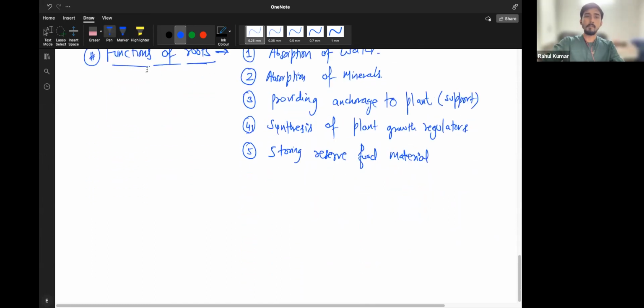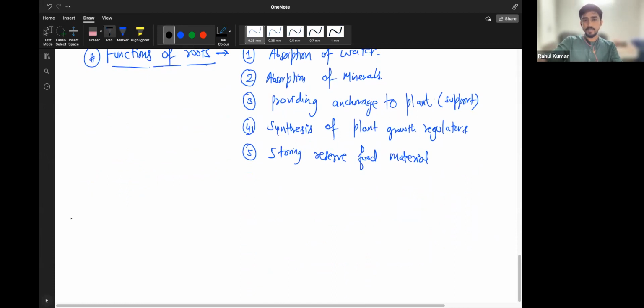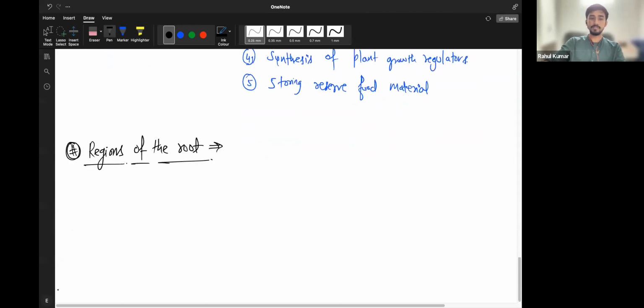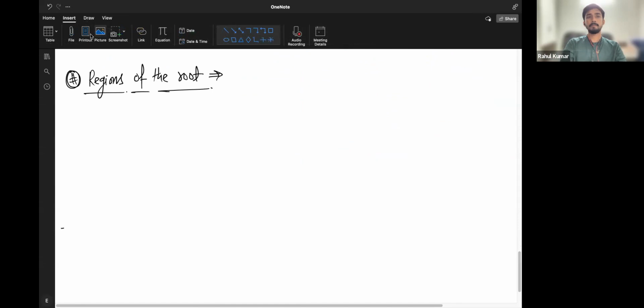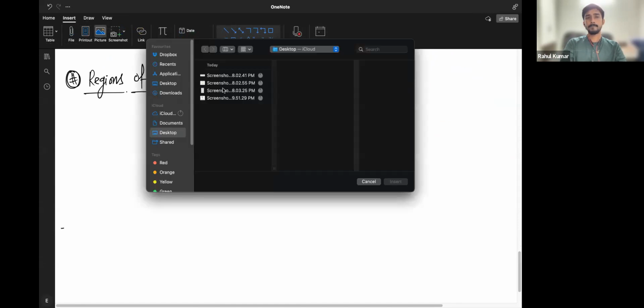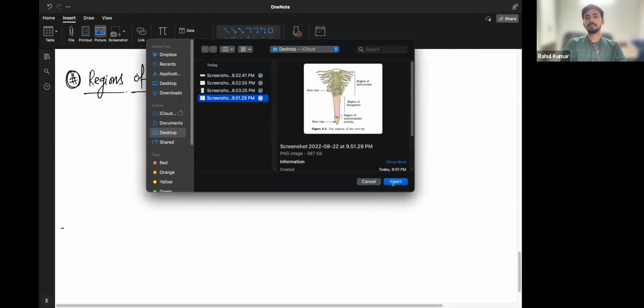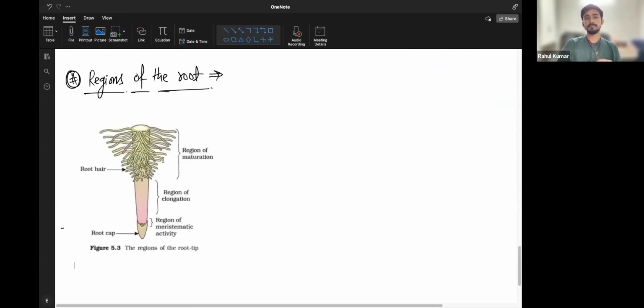Let's study about some specific tissues. Regions of the root. So even root is not the same all through. When we're talking about morphology, we have different regions in a root as well. So open your NCERTs and see, there will be this diagram in your NCERT.